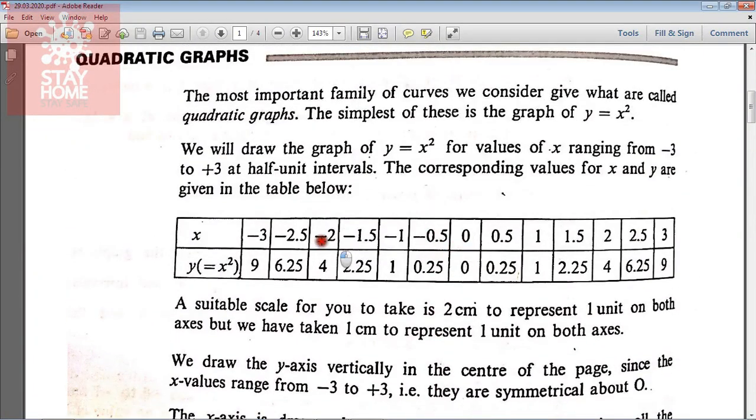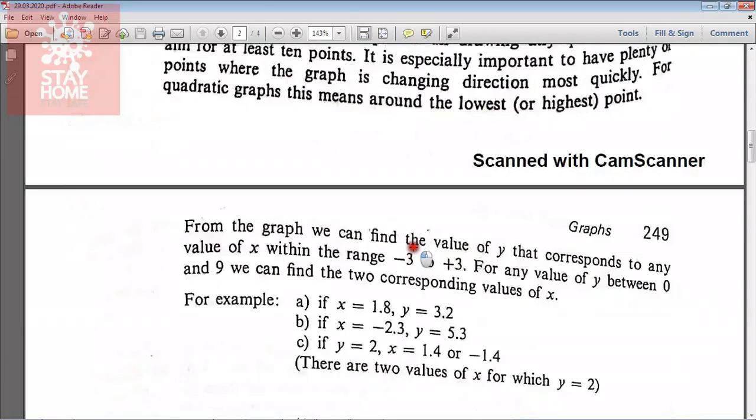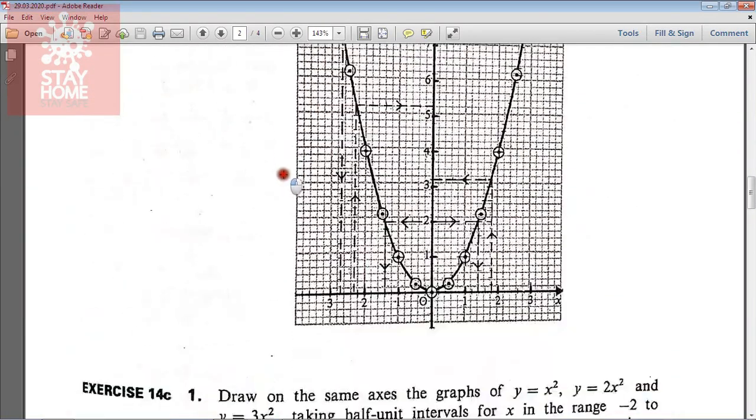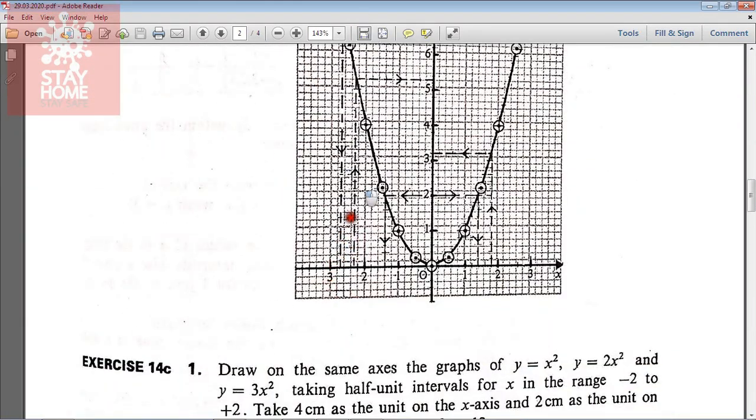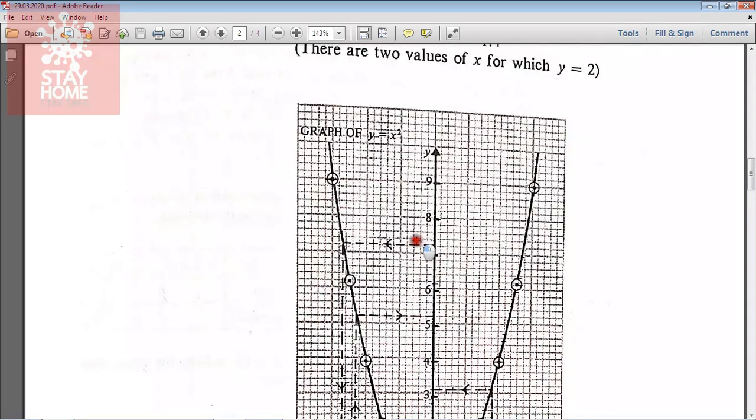If all the values are positive, then you can draw the y-axis line here, and the remaining positive side will be this side. In the Cartesian plane, some values can be positive, some values can be negative.